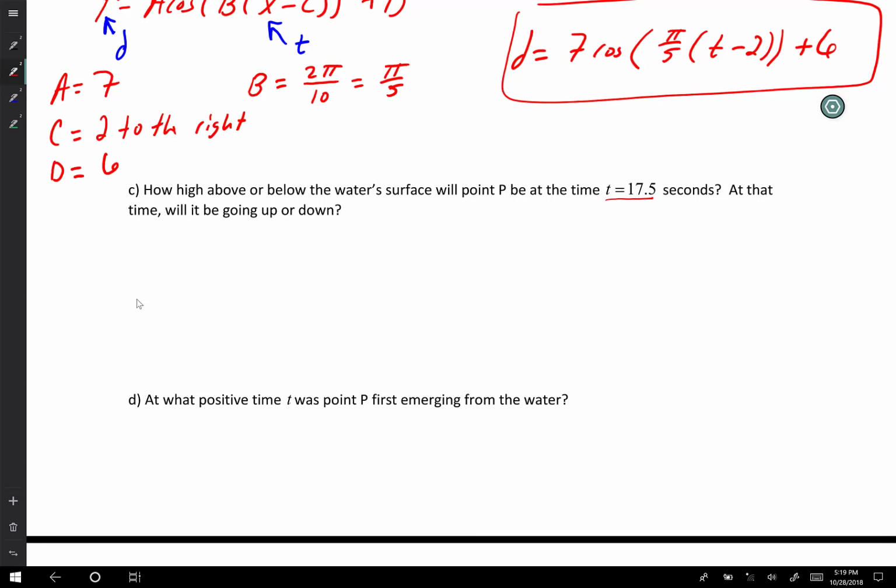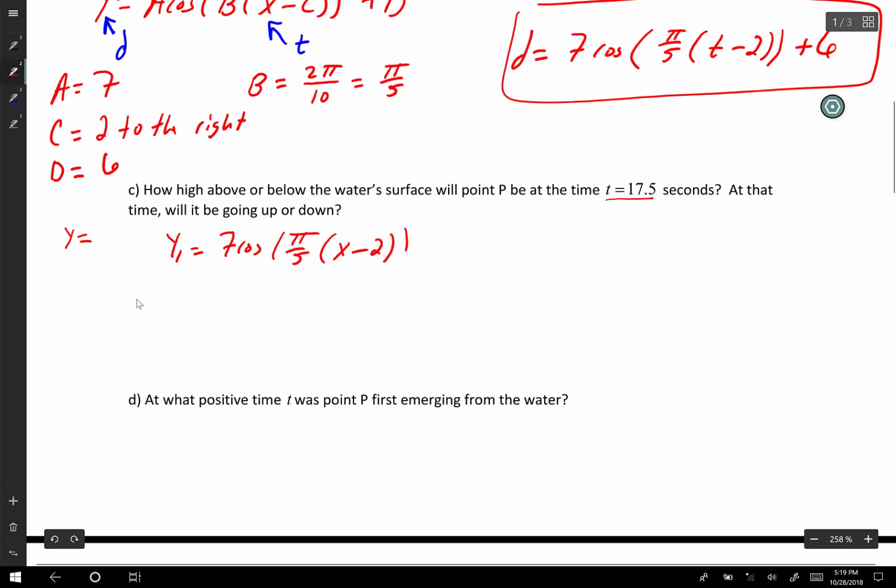My apologies. So what you're going to do, you're going to click y equals on your calculator. And on y1, you're going to type in 7 cosine pi over 5, open parenthesis, x minus 2, close, plus 6. Now to get the little fraction feature, you got to push alpha y equals, and then just push enter and you'll get the little fraction feature.